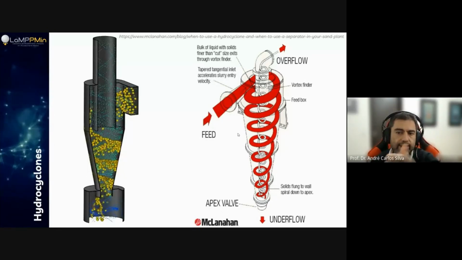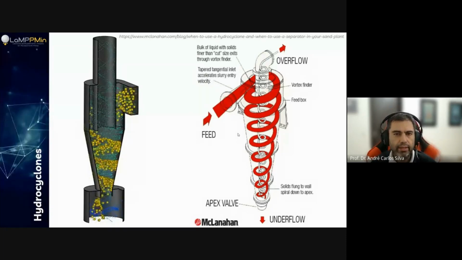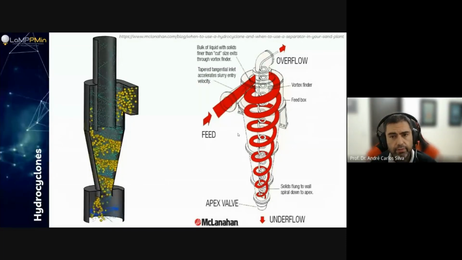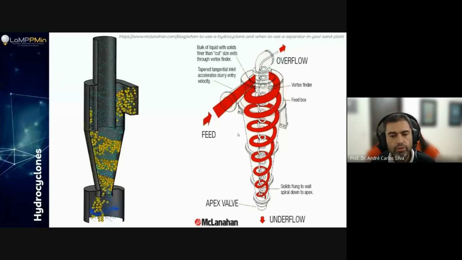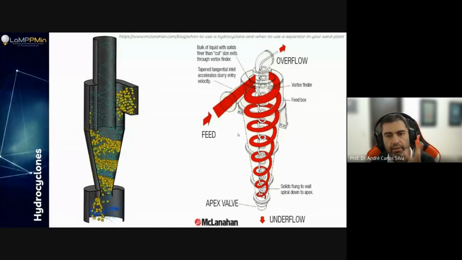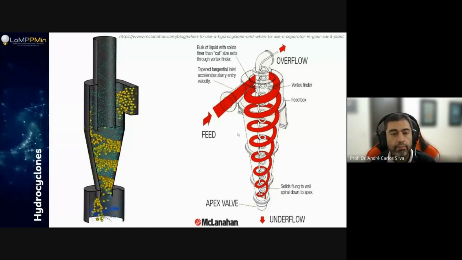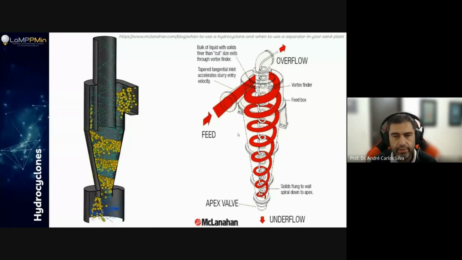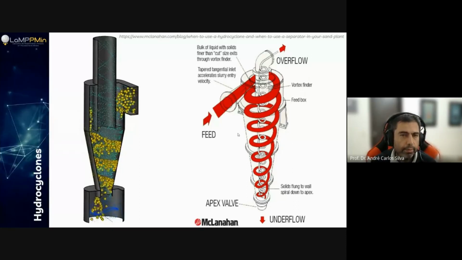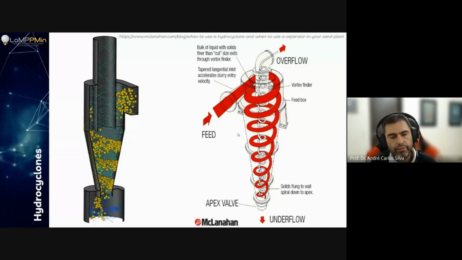Okay, I can see over here that we're feeding yellow spheres to our equipment, and also we're feeding something like gray or greenish material and blue material, and they are separated. No, actually you're not seeing this. Okay, so what you're seeing in blue is the yellow particle trajectory inside of the hydrocyclone.